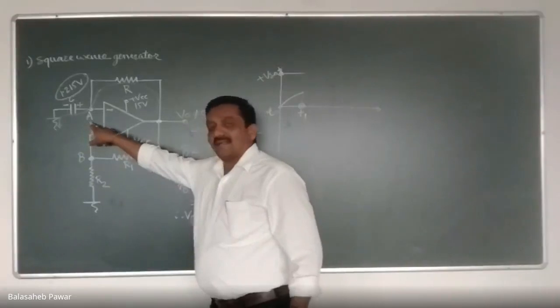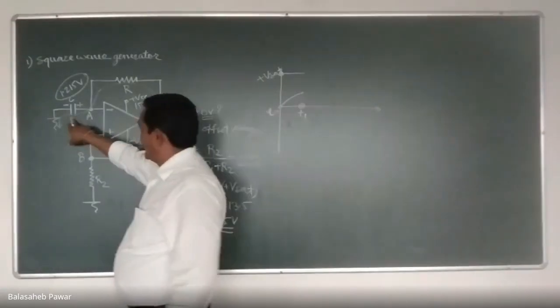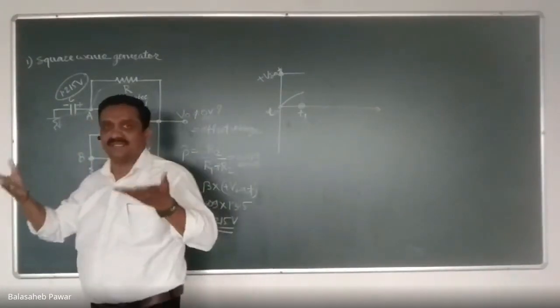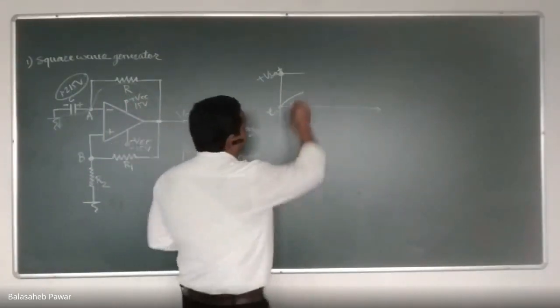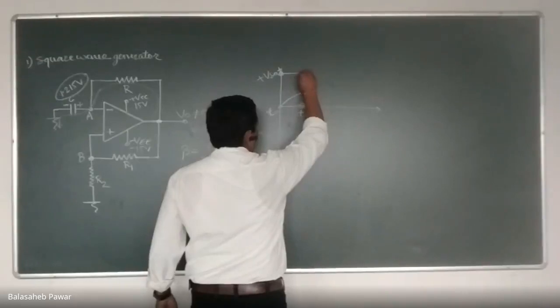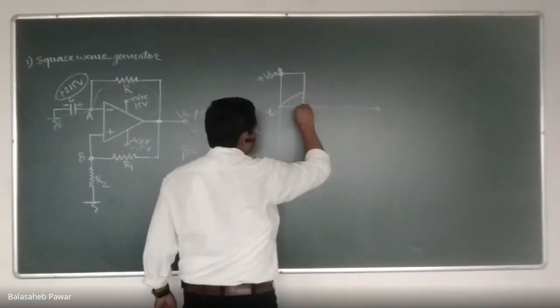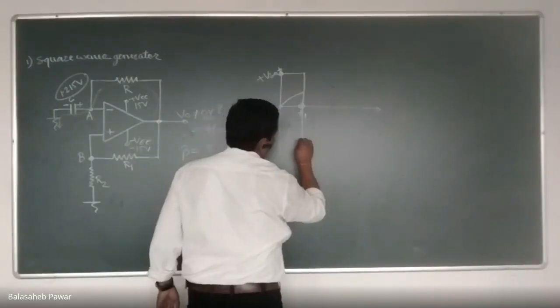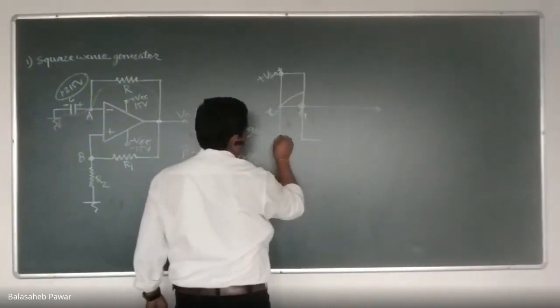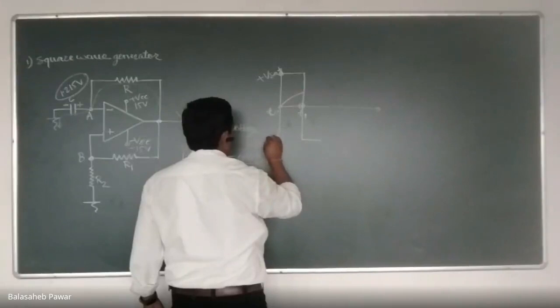Then the voltage at node A, due to this capacitor, will be positive, and hence the output of the op amp will become minus V sat. Correct? It will get directly forced to minus V sat. Agree?